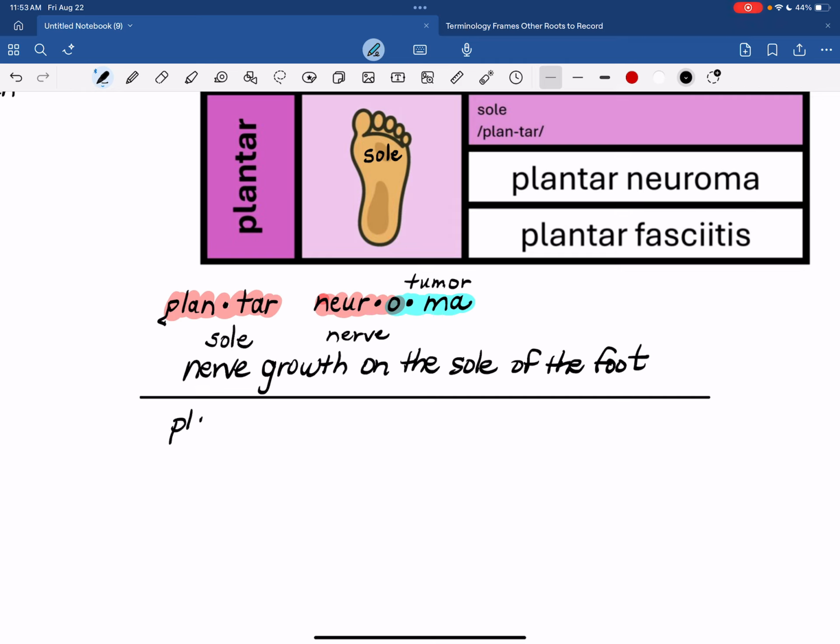This one I do know about because I've had it. Plantar fasciitis. This is a very common condition of the feet. And this would be fasciitis.